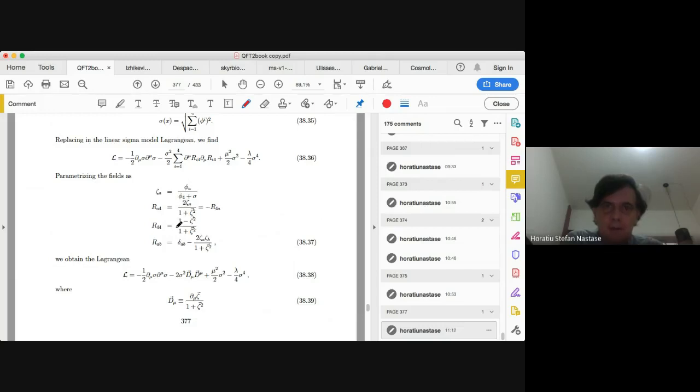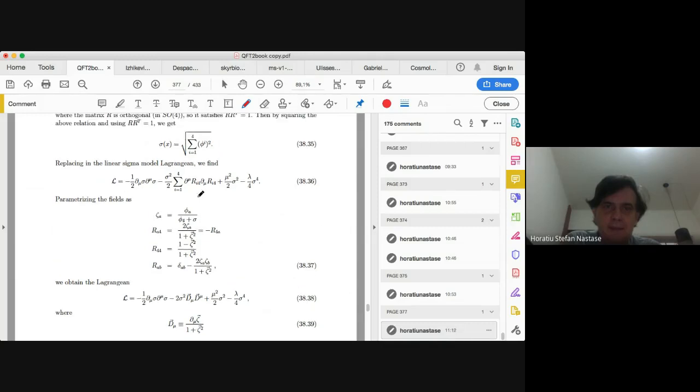Then R_AB is written in this way. The general rotation is written in this way. And then zeta_A itself is written in terms of phi_A and sigma in this way.